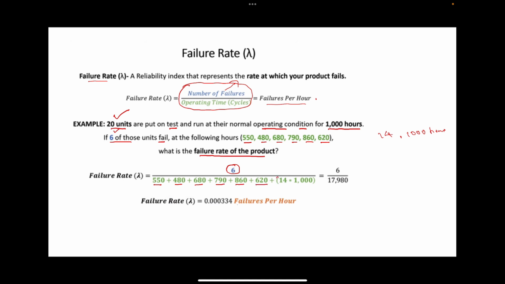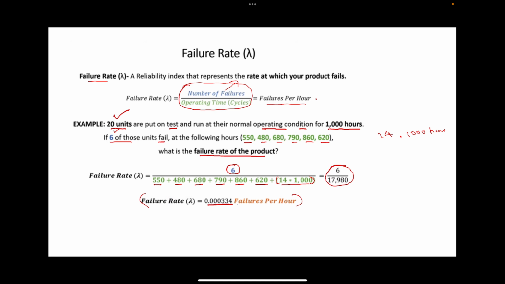And for the remaining, the operating time is 14 into 1000. So this is 6 divided by 17,980, which equals 0.000334 failures per hour. That is the failure rate. This is how you calculate the failure rate.